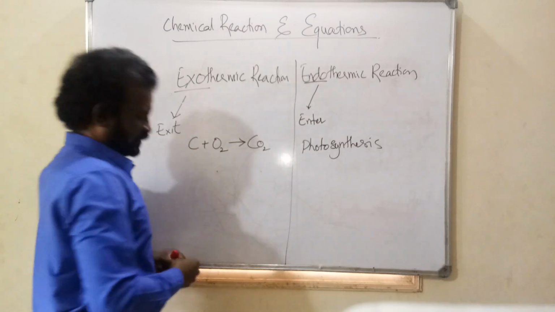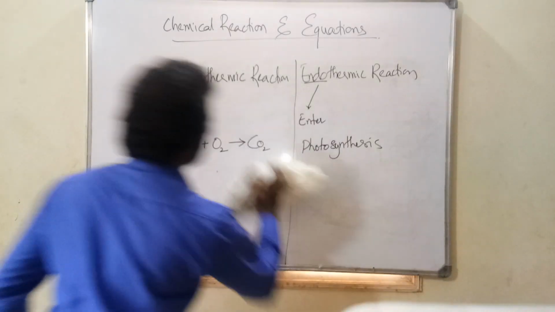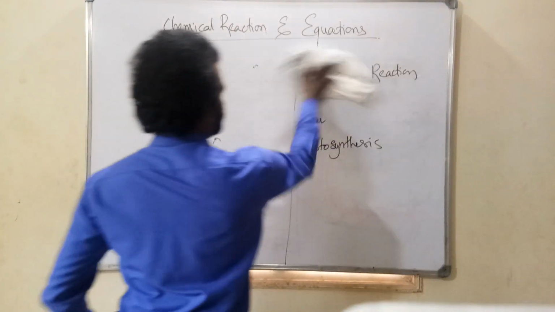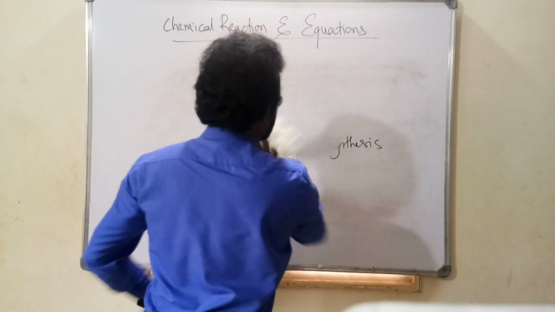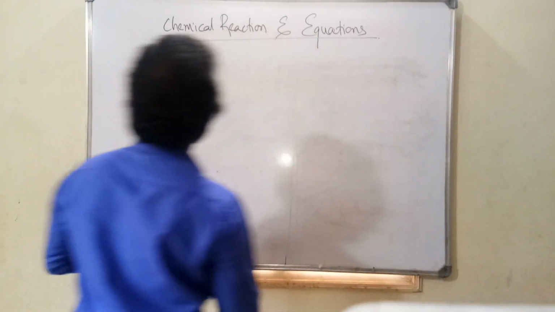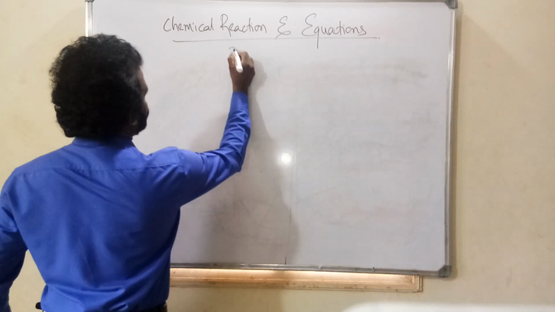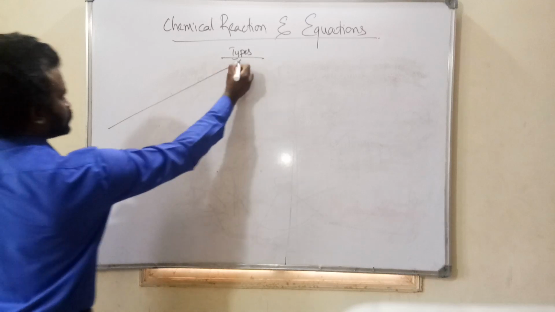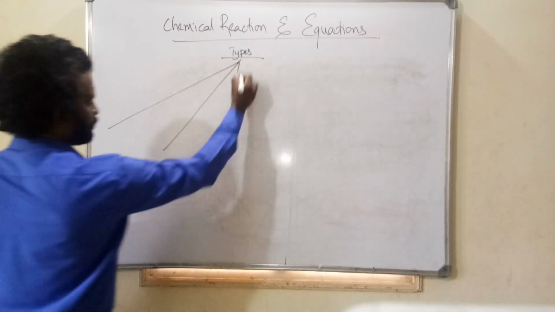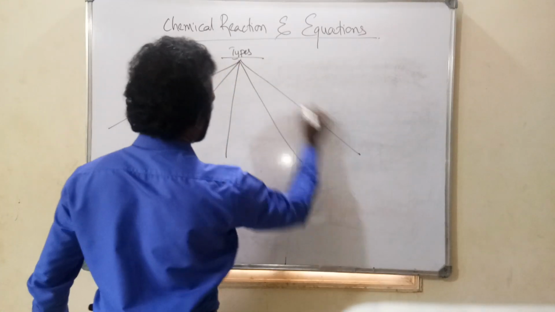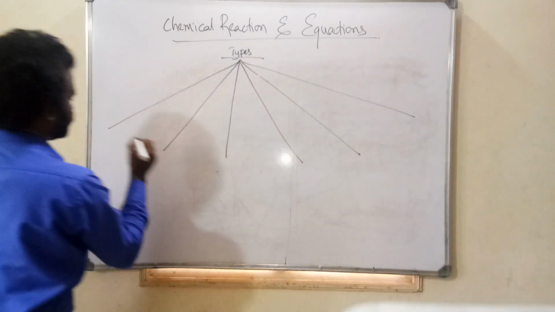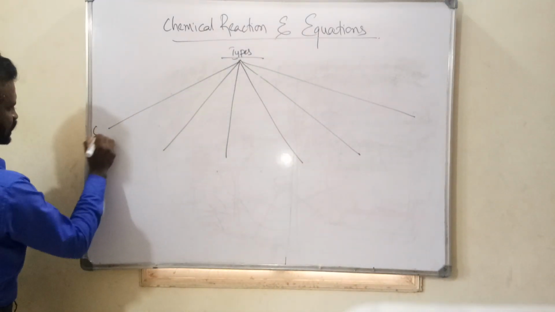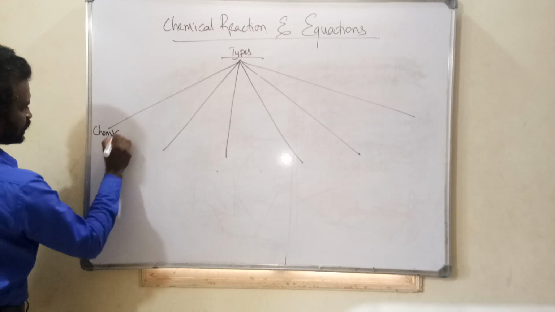Is it clear now? Now we will come across the types of chemical reaction. Let us see one by one. First one is chemical combination.